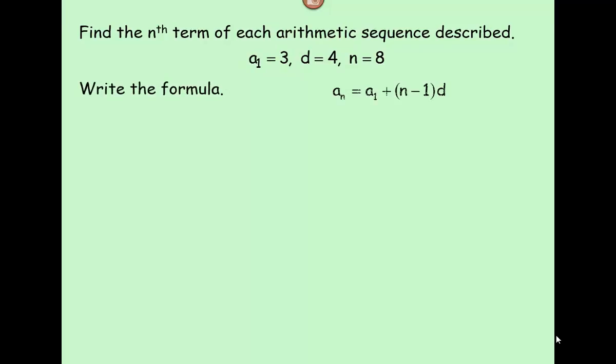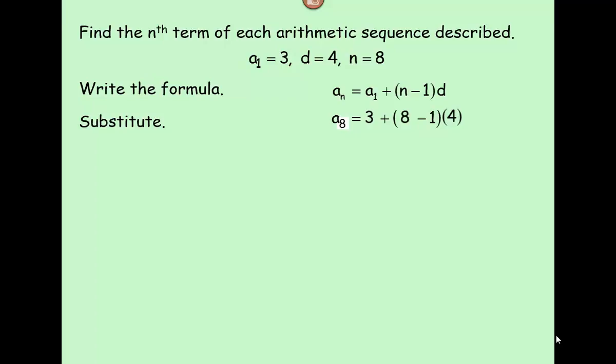A sub n equals a sub 1 plus n minus 1 times d. We're going to substitute. Anywhere we see an n, we're plugging in an 8. So a sub 8 equals. Anywhere we see a sub 1, we're going to plug in a 3. Anywhere we see an n again, we're putting an 8. And anywhere we see a d, we're putting a 4.